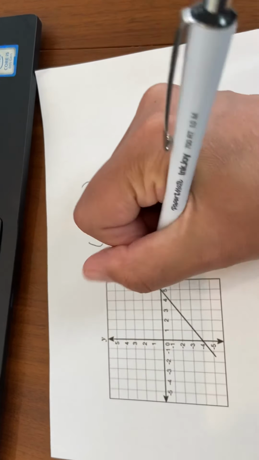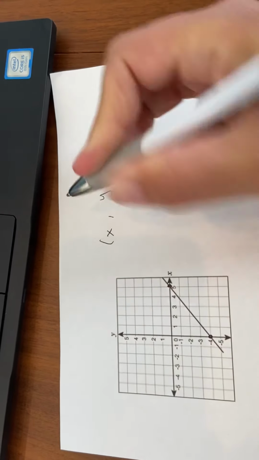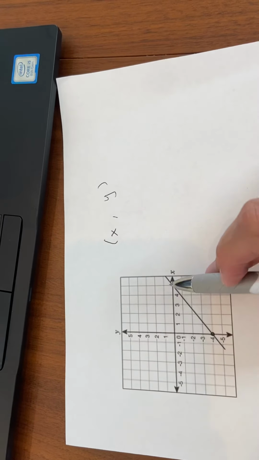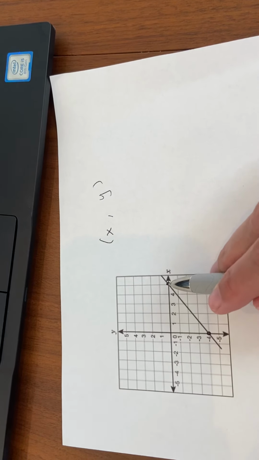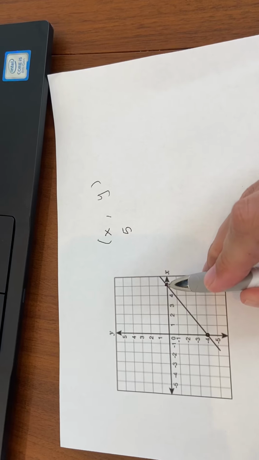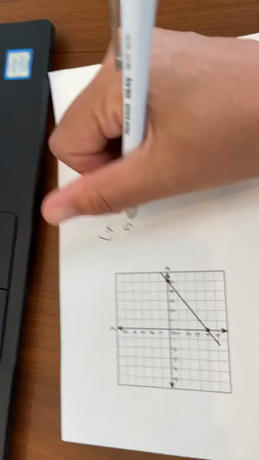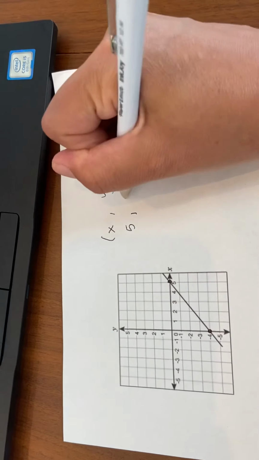So this one, it looks like my main points are my intercepts. We always run before we fly or dive. So right here, this point would be positive 5 for the x. It's on the x number line, 5. Whereas it does not go up or down, so 0 on the y.